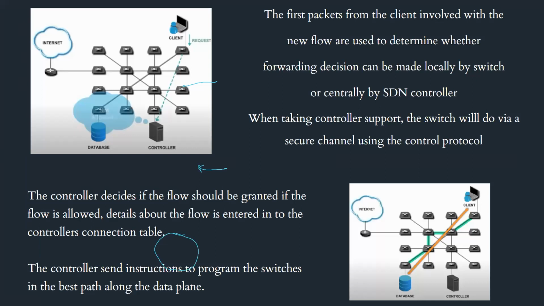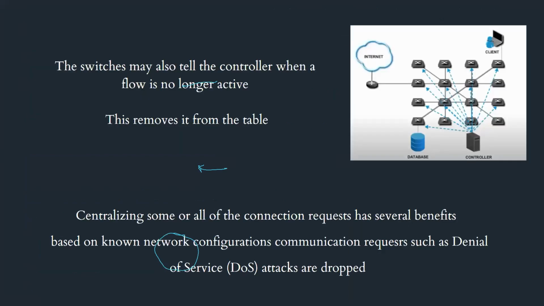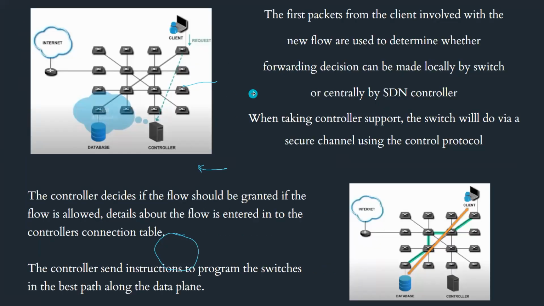Once the switch makes the decision to hand the control decisions to the centralized controller, a message will be sent to the controller by the switch using a secure channel.